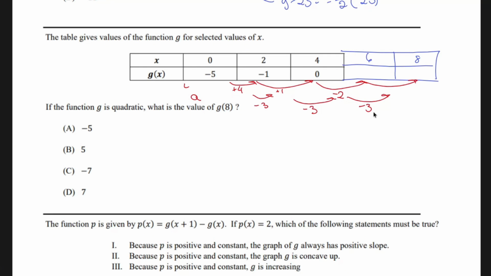Negative 2 minus 3 is negative 5. See what I did? Negative 5 plus 4 is negative 1. Negative 1 plus 1 is 0. 0 minus 2 is negative 2. Negative 2 minus 5 is negative 7. So, at 8, I'm at negative 7.